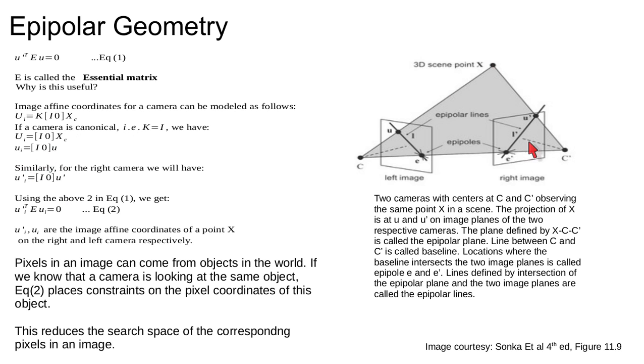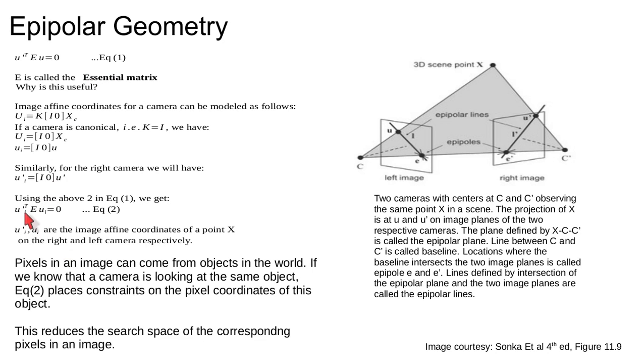Similarly, for the right hand side camera, we'll have ui dash equal to identity matrix 0 and u dash. If you substitute these two expressions in equation 1, you get this result.